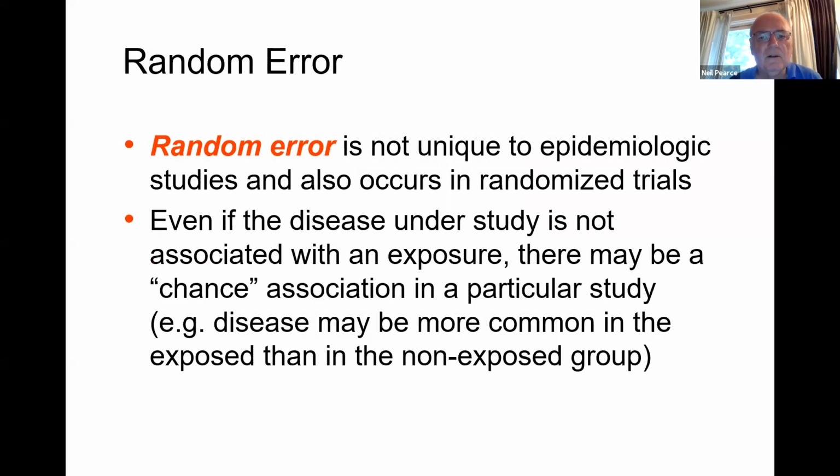So random and systematic error. Random error is not unique to epidemiologic studies, and it also occurs in randomized trials. Just like if I toss a coin, on the average, I would expect to get 50 heads out of every 100 tosses of the coin.